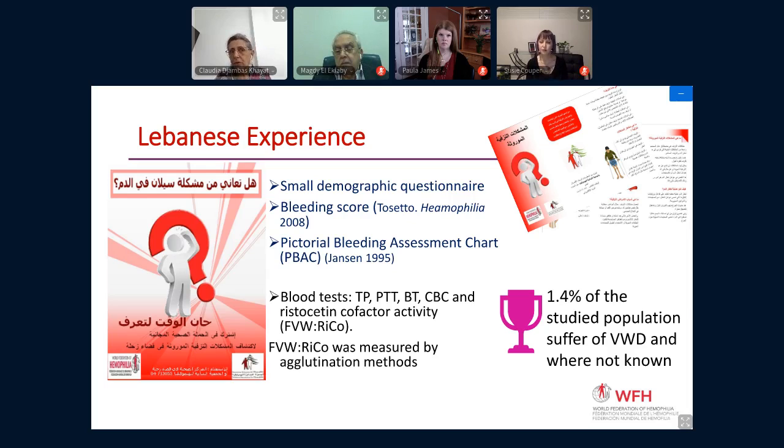And we go to first-line public health care in the region, where we educated the healthcare about bleeding disorder a little bit, and we asked them to have a small questionnaire and to do a bleeding score and a pictorial bleeding assessment with all the ladies coming to the healthcare after certainly educating the health professional to these tools.